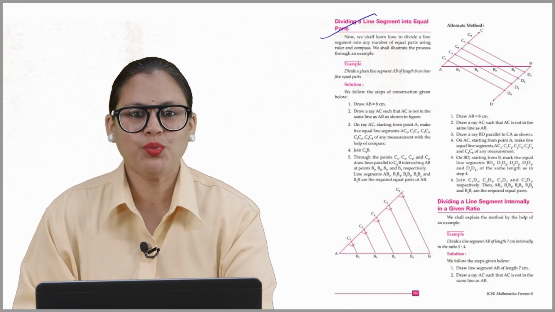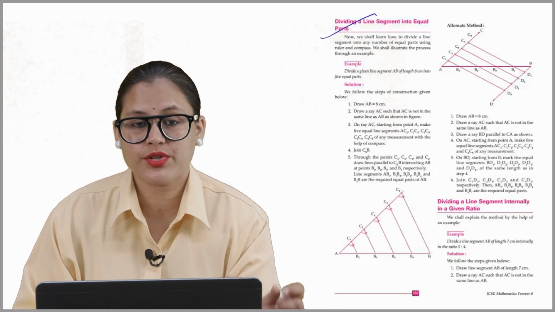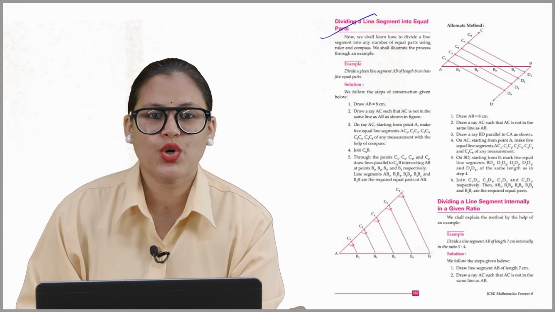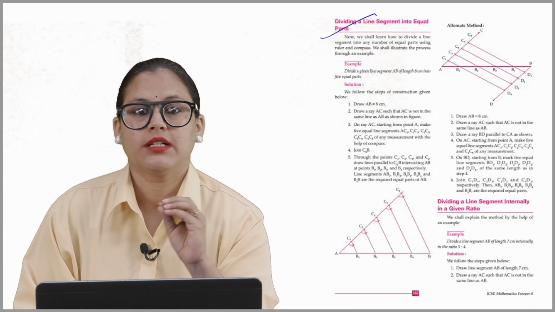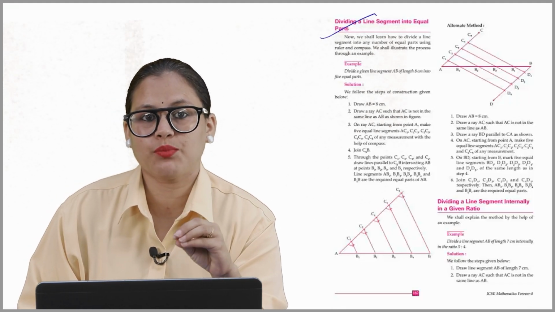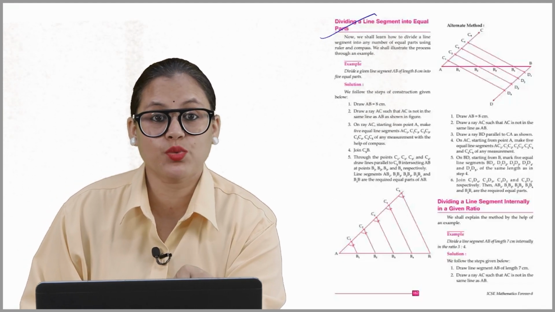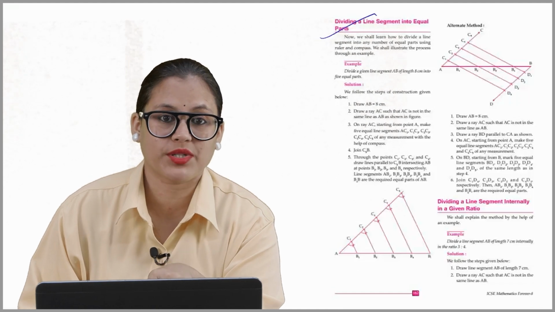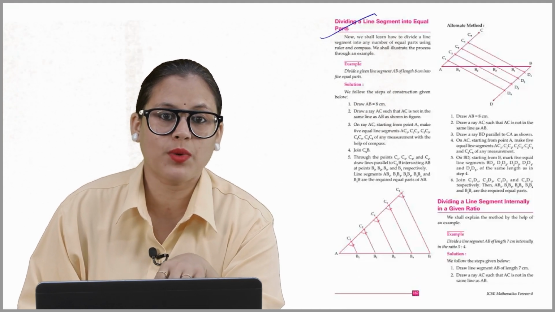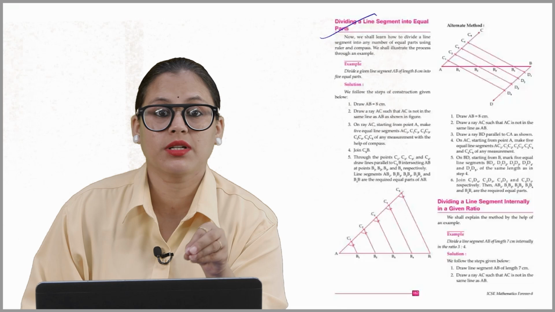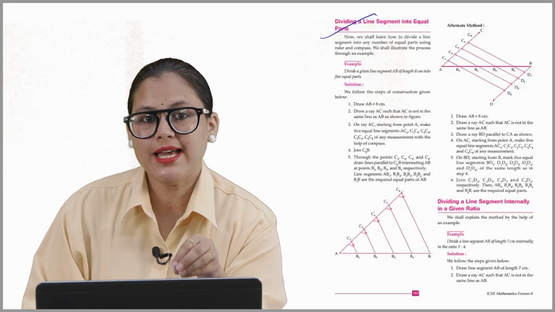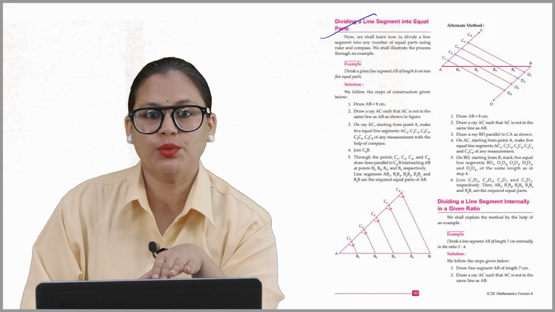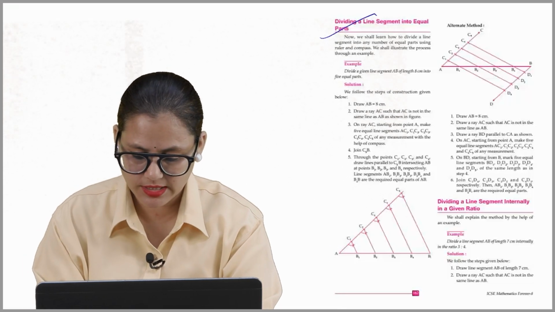Number 5, through the points C1, C2, C3 and C4, draw lines parallel to C5B intersecting AB at points B1, B2, B3 and B4 respectively. Line segments AB1, B1B2, B2B3, B3B4 and B4B are the required equal parts of AB, as you can see in this example.